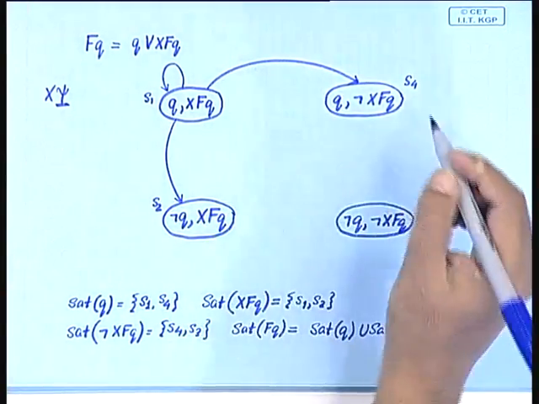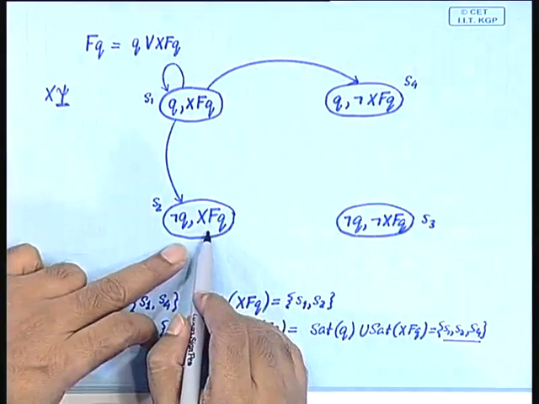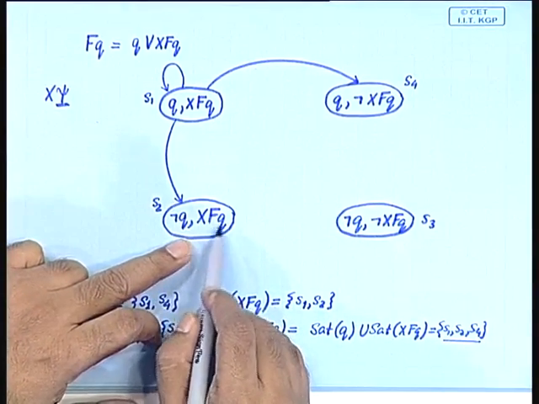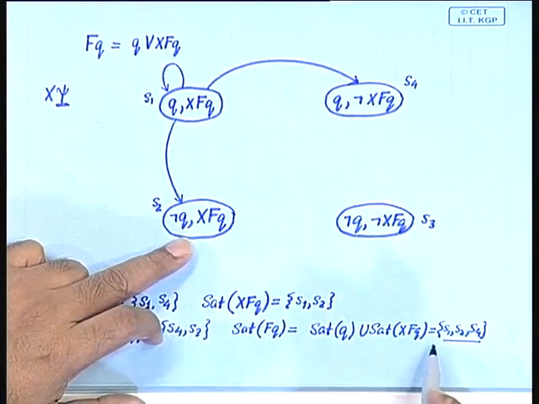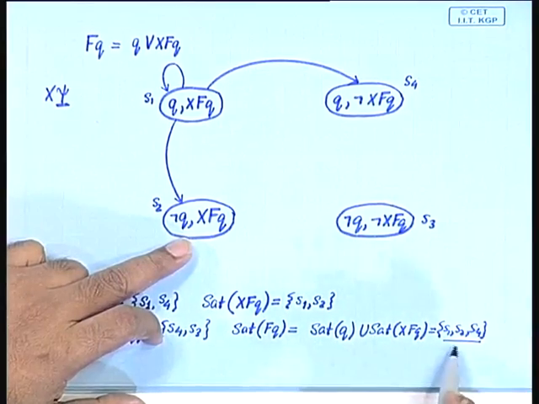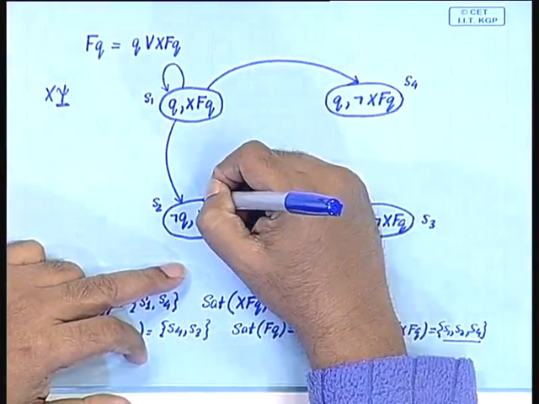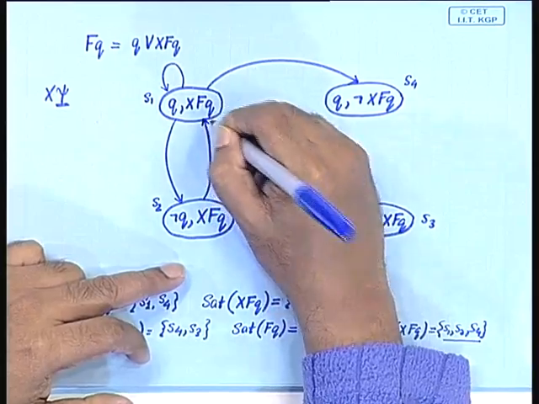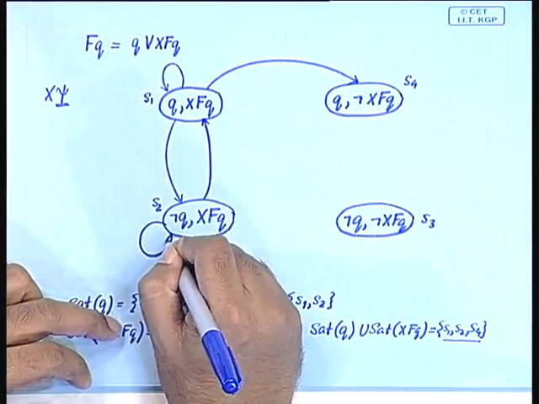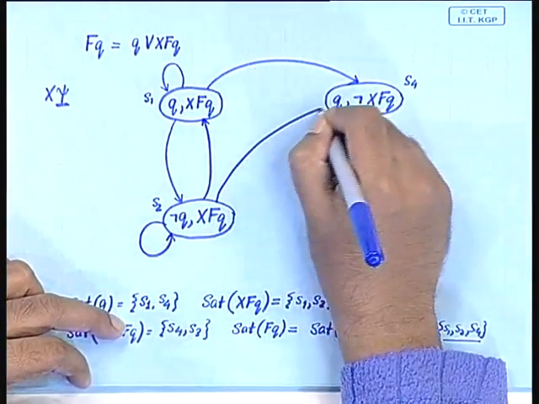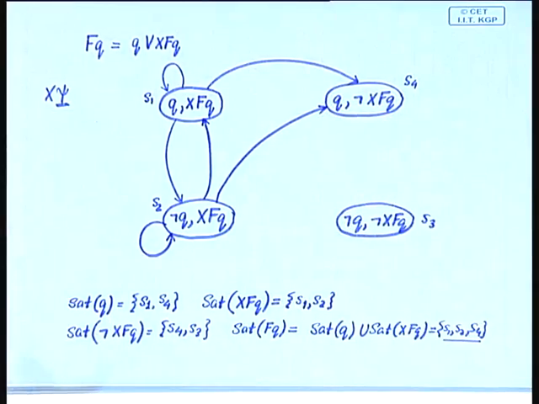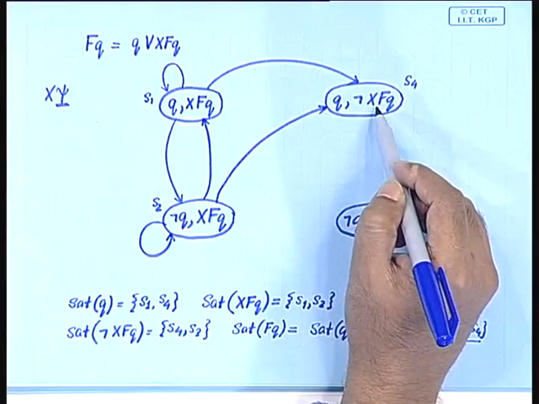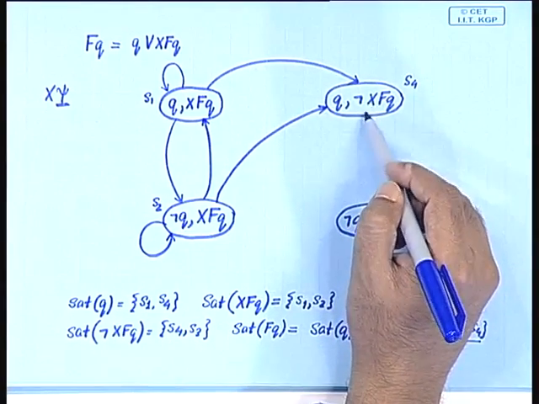All right. Similarly, look at this one, this is XFQ. So, which are the states in SAT of FQ? S1, S2, S4. So, we need to put edges to S1, S2, S4. Okay. Look at this one, this has X of not FQ.